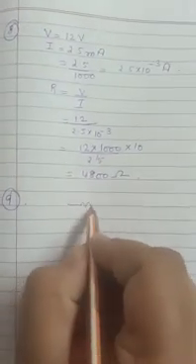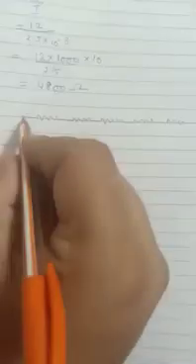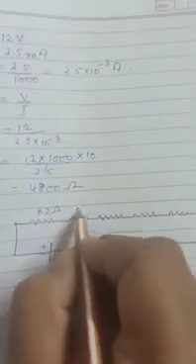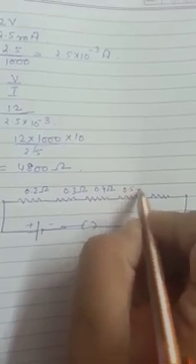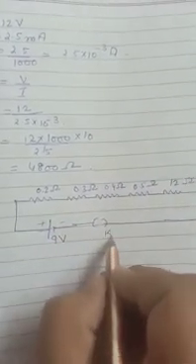Students, we are given 5 resistors which are connected in series, and he wants you to calculate the current through the 12 ohm resistor. 0.2 ohm, 0.3, 0.4, 0.5 and 12 ohm. And the battery is of 9 volt. He wants you to calculate the current which will flow through the 12 ohm resistor.